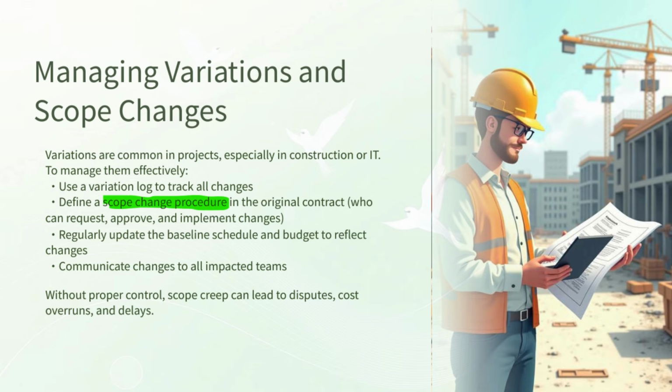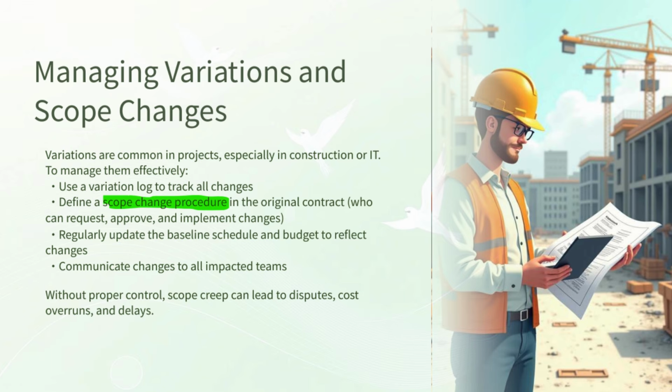So next, make sure that your contract includes a clear procedure for managing scope changes. The original contract should define exactly who has the authority to request a change, who is responsible for reviewing it, and who has the final approval power.